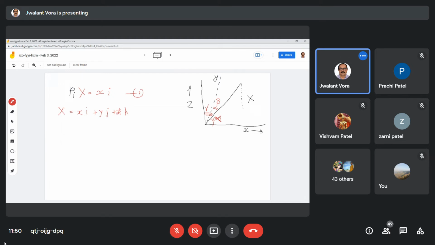Sorry. i, j, k are unit vectors such that i into i is equal to j into j is equal to k into k is equal to 1. i into j is equal to j into k, that will come out to be equal to 0.